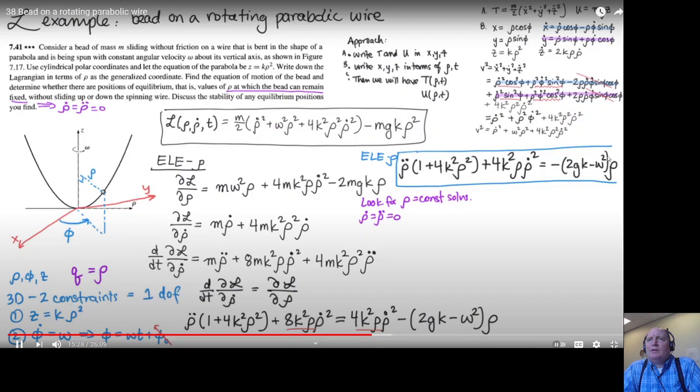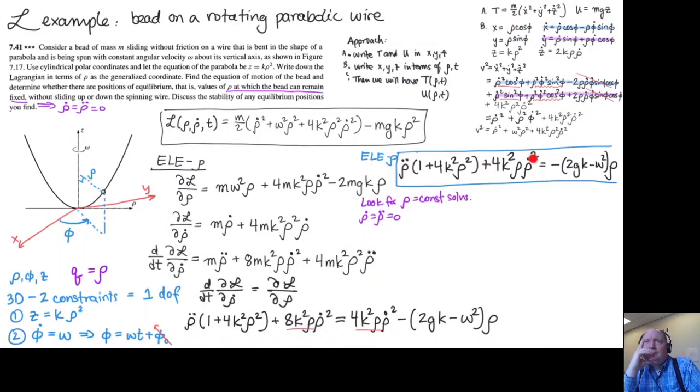The whole first term is gone because it's rho double dot. This whole second term is gone because it involves a rho dot. So all we're left with is this, and that tells us that 0 equals minus 2gk minus omega squared rho, and that implies that we need omega to equal the square root of 2 times g times k.